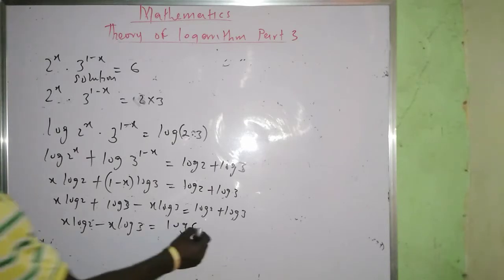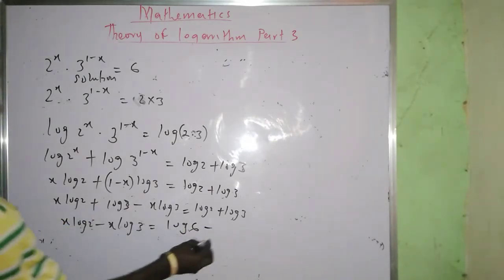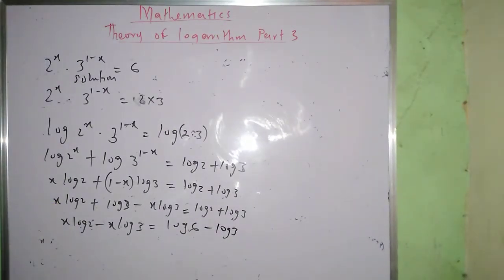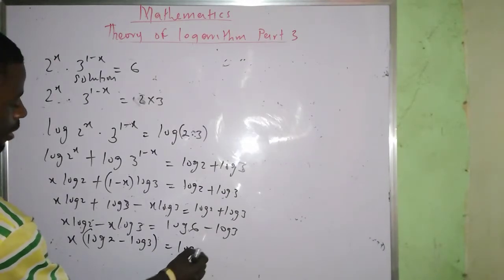Log 6 minus log 3. Now, if I have something like this, I can factor out my x: x times (log 2 minus log 3) equals what is here?